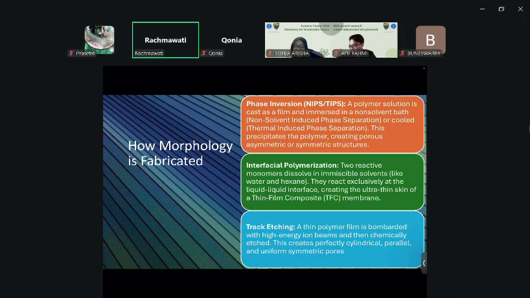Basically, we have a polymer solution over here, and we cast it as a film on a surface, for example, on a glass surface or on a Teflon surface, and then we let it dry somehow, and then immerse it in a non-solvent bath, which is called non-solvent induced phase separation, because we want to actually make it solid.